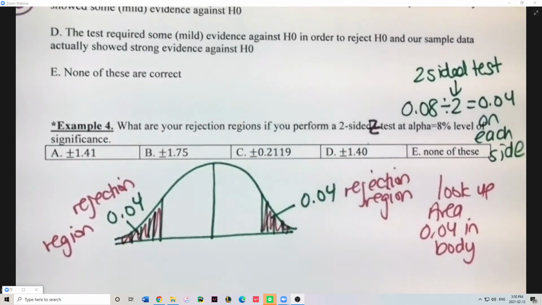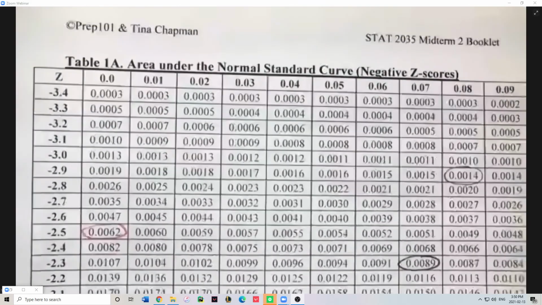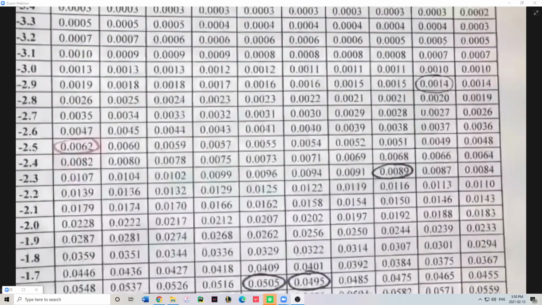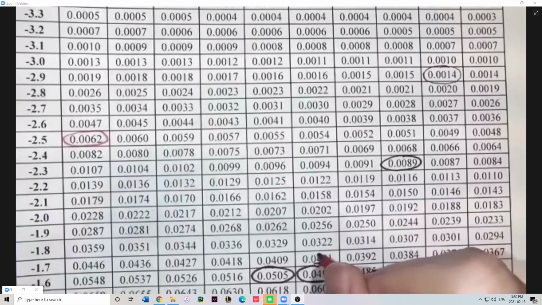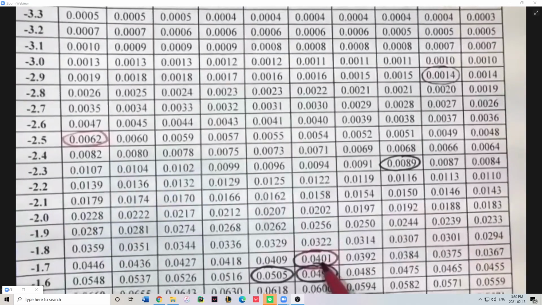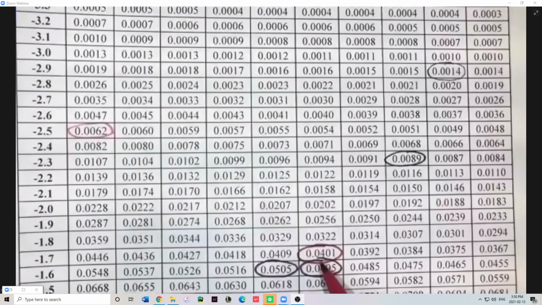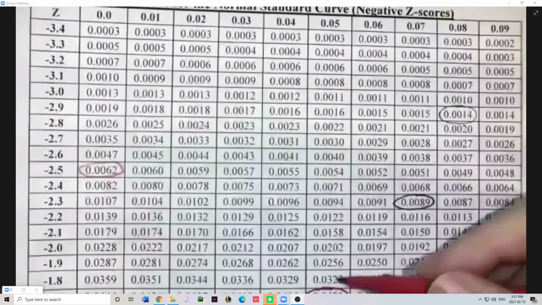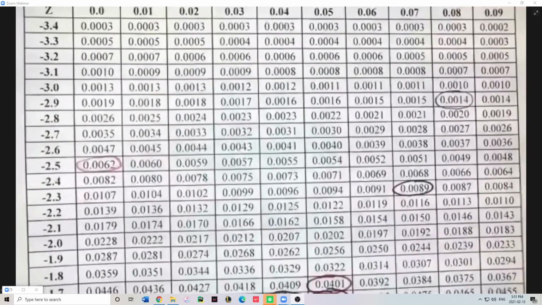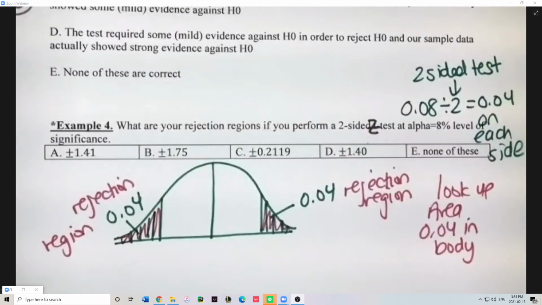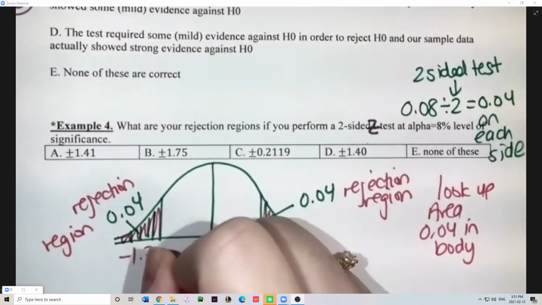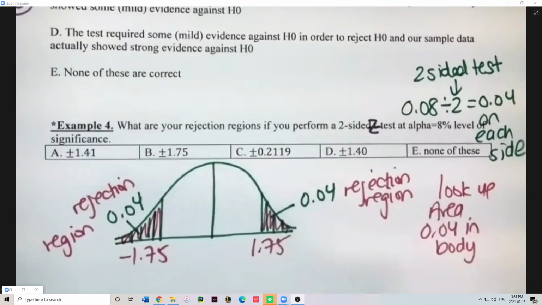Okay, so 0.04 in the body. I guess 0.0401 would be the closest to 0.04. So negative 1.75, and that would be the positive 1.75 on the right.